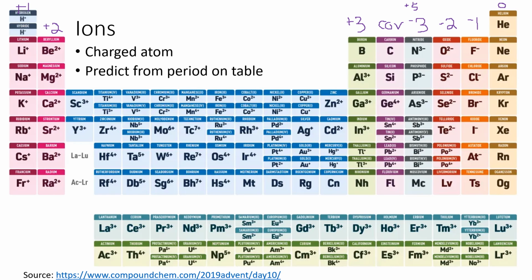I would also note that, let me do a highlighter here, let's do a yellow highlighter. Everything in here, get the charge from me, because it changes. Look at iron right here, where I'm circling in the middle.